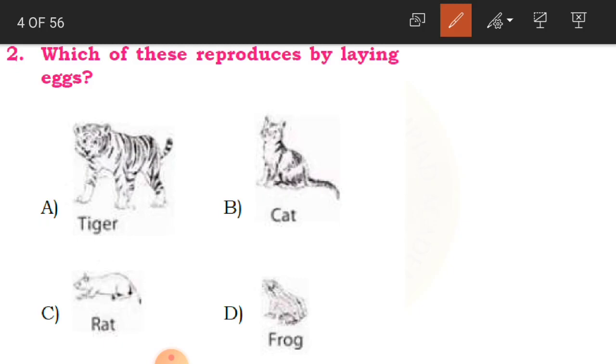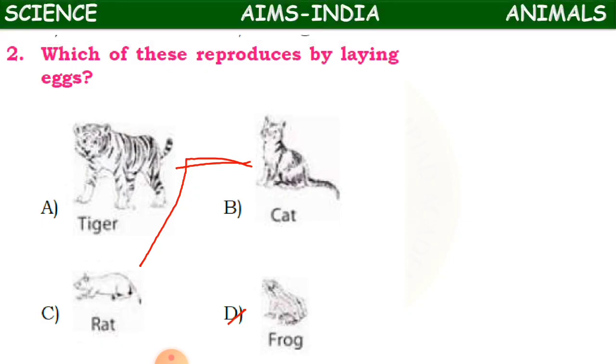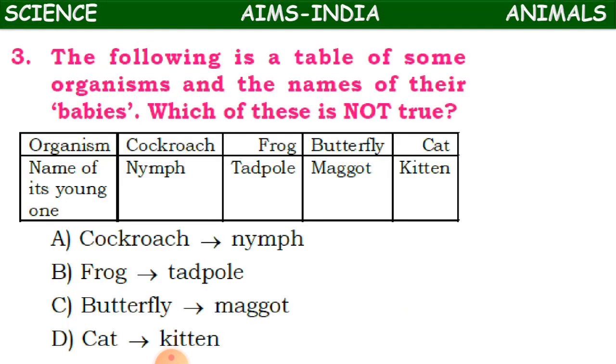Any guesses? Frog. This is the answer, D option. Whereas rat, tiger and cat, these 3 give birth directly to their young ones, but frog lays eggs. Okay children? So this is the correct option, D option. We'll go to the third question.